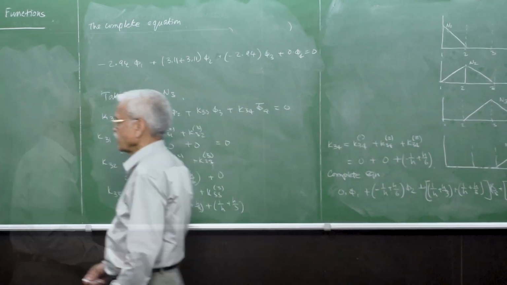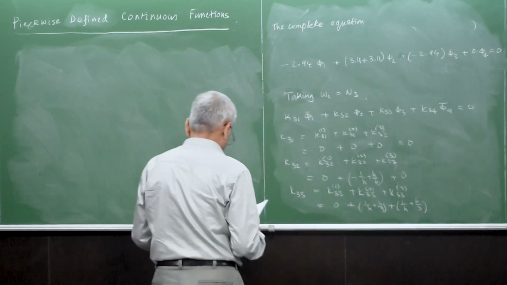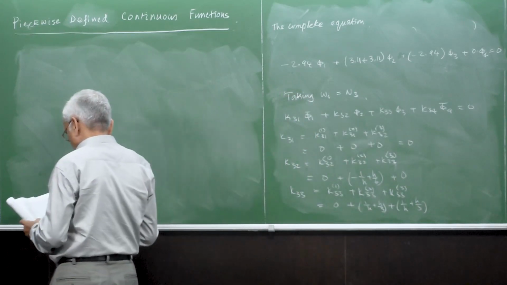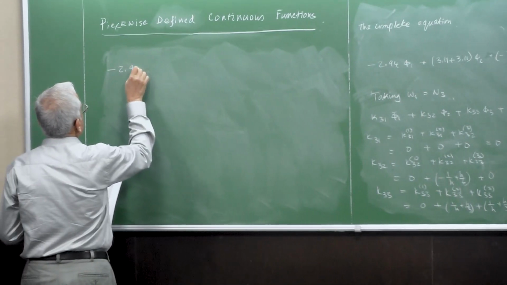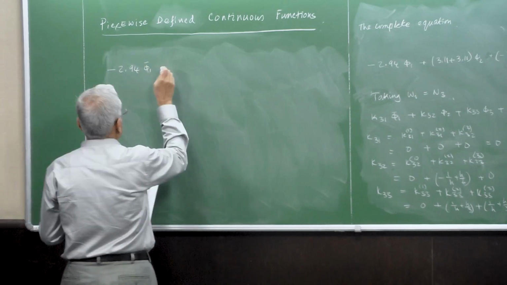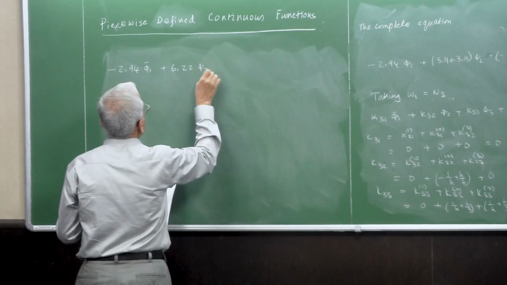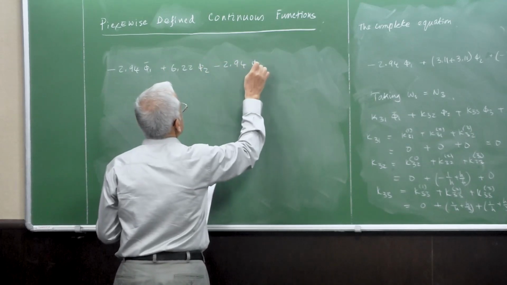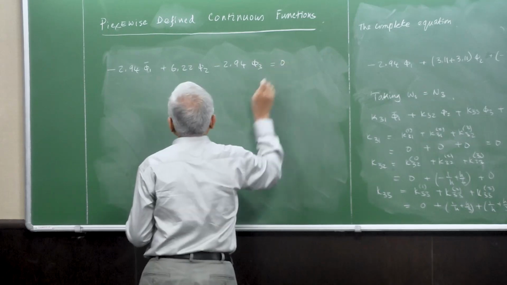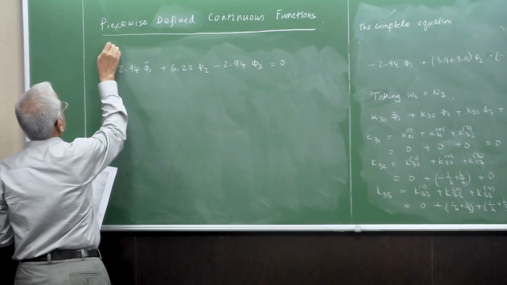Now if you concisely put them here, let us put in the numerical values. So we have 2.9451 plus 6.2252 minus 2.9453 is equal to 0. So these are the equations.